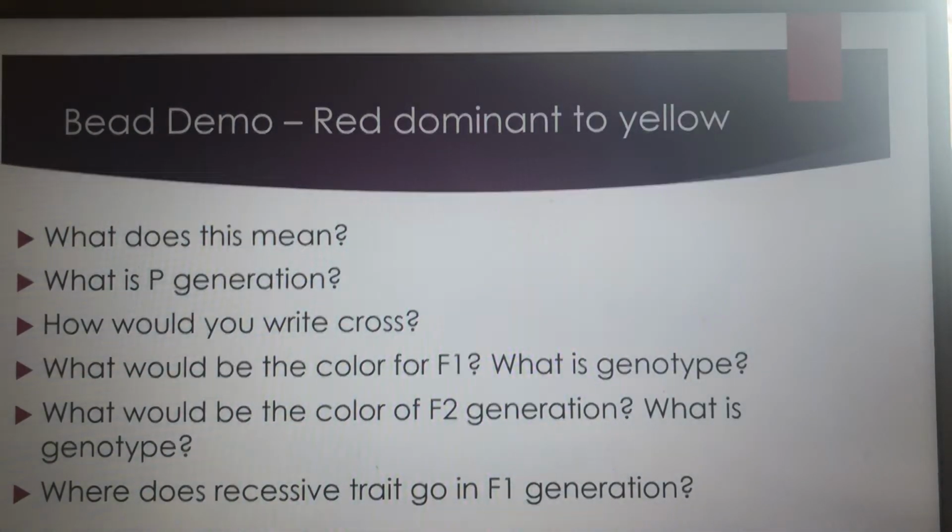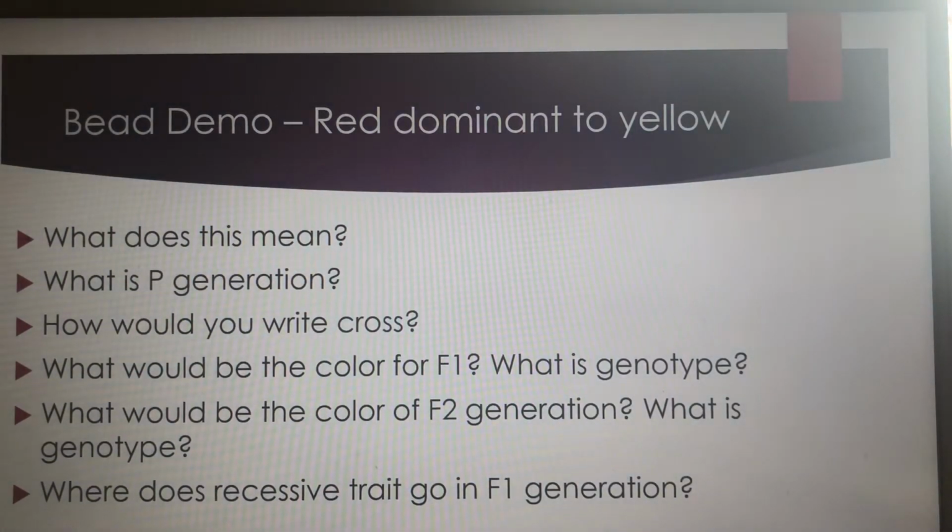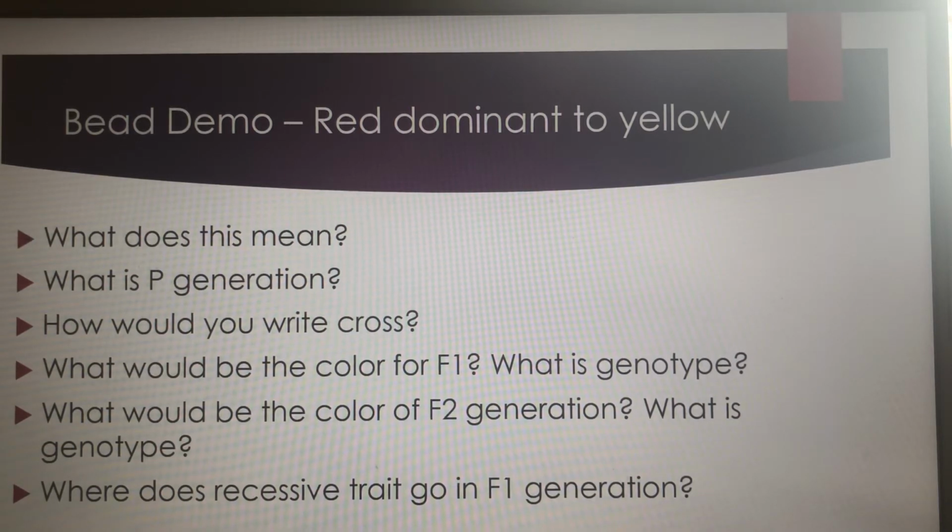What would be the color of the F1 generation? Well, red is dominant, right? So the F1 generation would look like the big R parent, except the genotype would be different.